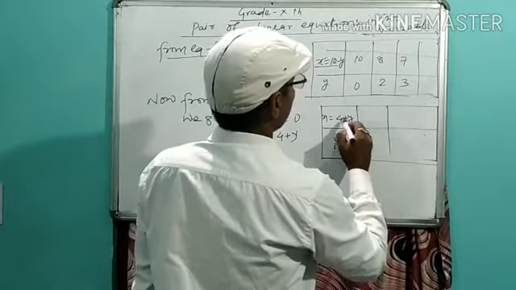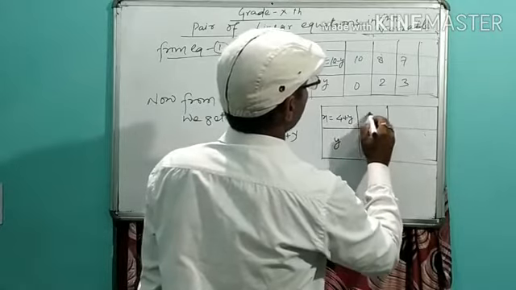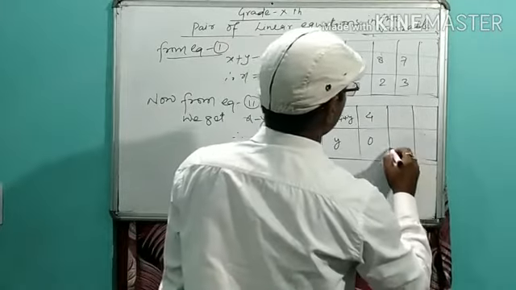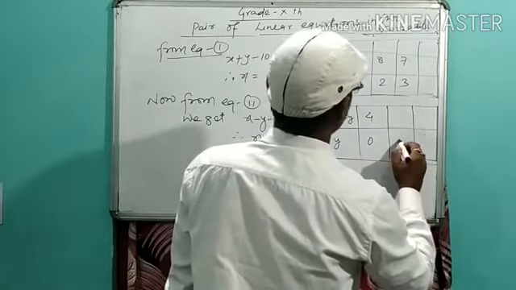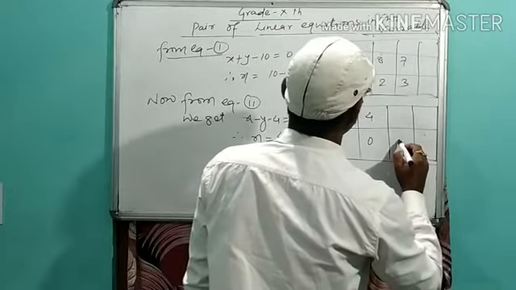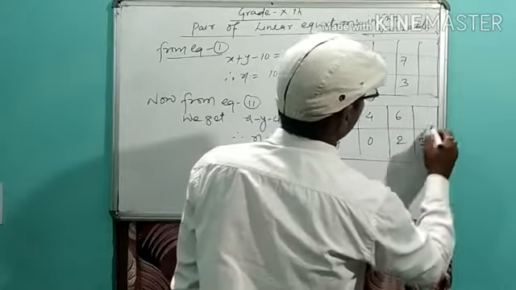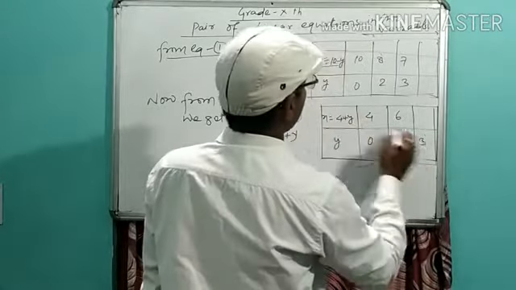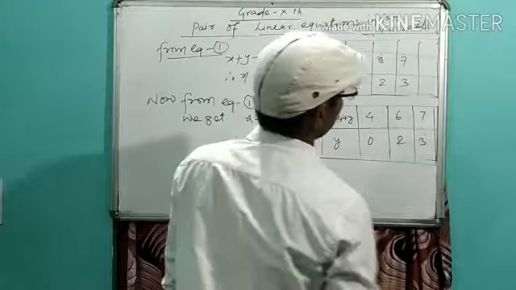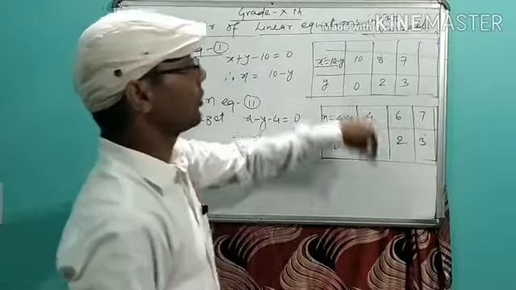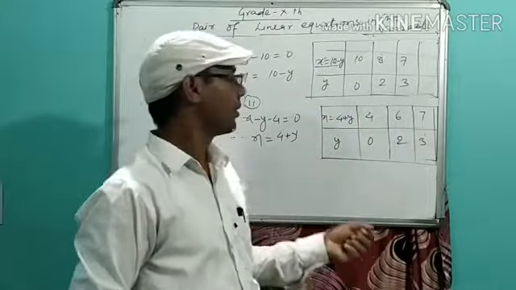Suppose 0, then x is 4. Take 2, then 6. If y is 3, x will be 7. These are the coordinate points.